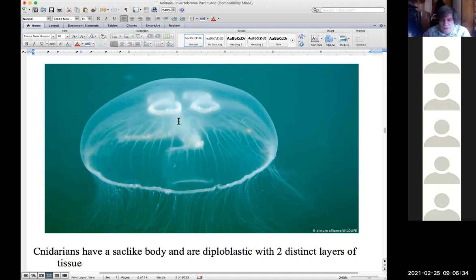What we see is that cnidarians don't have a separate digestive system and a circulatory system like people do. Cnidarians have a gastrovascular system. Gastro means stomach, vascular refers to, in a person, the blood vessels.